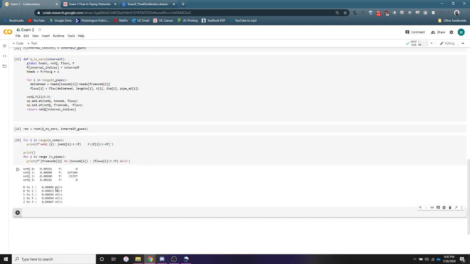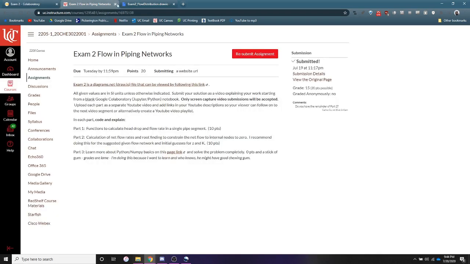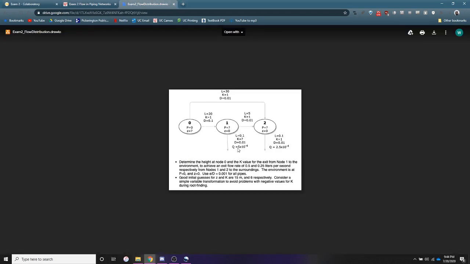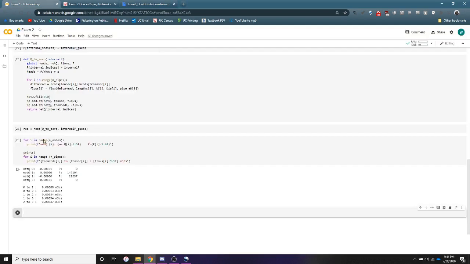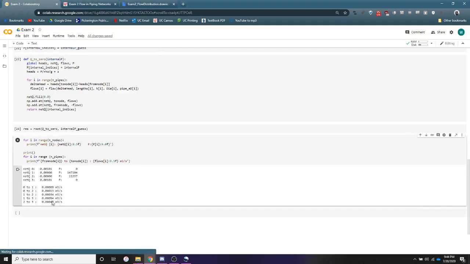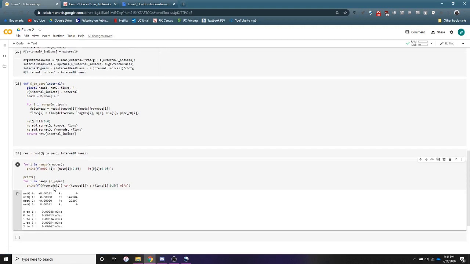And here, these are our net flows through 0 to 1, 0 to 2, and these. And the only differences we see here are because 5 times 10 to the negative 4 and 2.5 times 10 to the negative 4. These differences are due to the fact that we have different initial guesses.